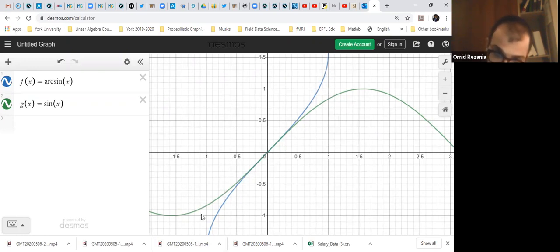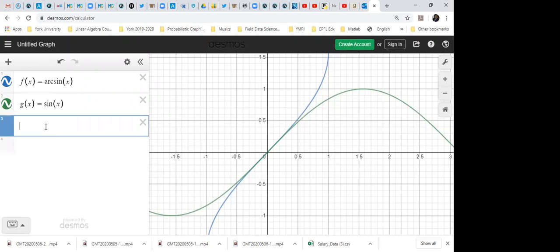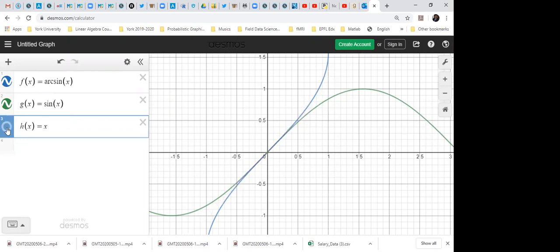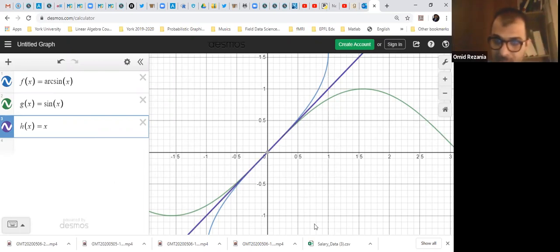If you plot, I'm going to also plot h of x equals x. I could have changed the color, but since I cannot, guys, look at that: y equals x is the dark blue color. You see these two functions, the lighter blue and the green, are symmetric.